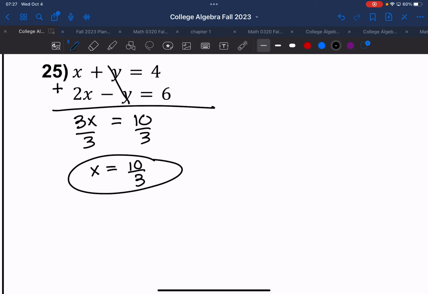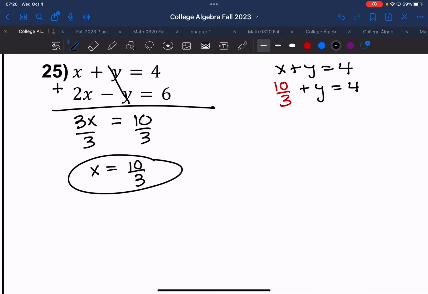So once we have our x value, just like we did in substitution, we plug it in for either equation. So it doesn't matter which one. Which equation do you want to plug it in for? Top or bottom? Top. Okay, so we have x plus y equals 4. Instead of x, we know x is 10/3, plus y equals 4.